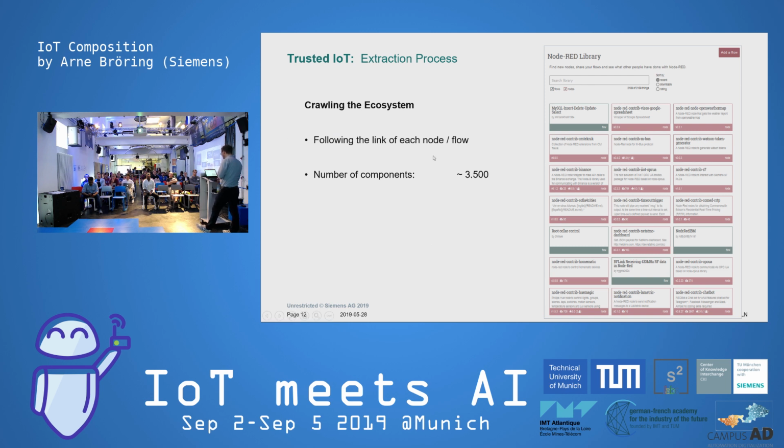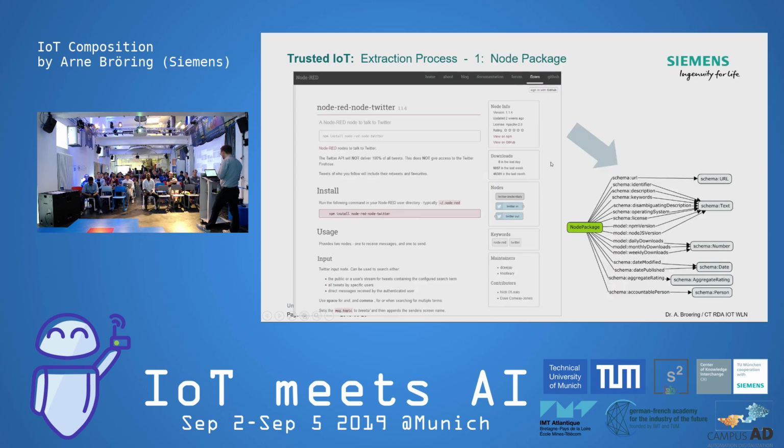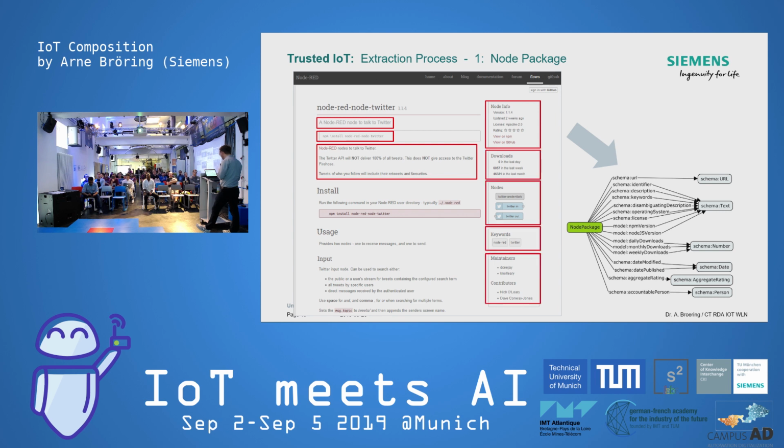As I mentioned earlier, we crawl the ecosystem for all the 3,500 components that you find in this Node-RED ecosystem on the website, and we basically rely on the structure of the HTML page. So we download all the textual data that you find and put that in the knowledge graph. We structure it a little bit and then it's machine interpretable.